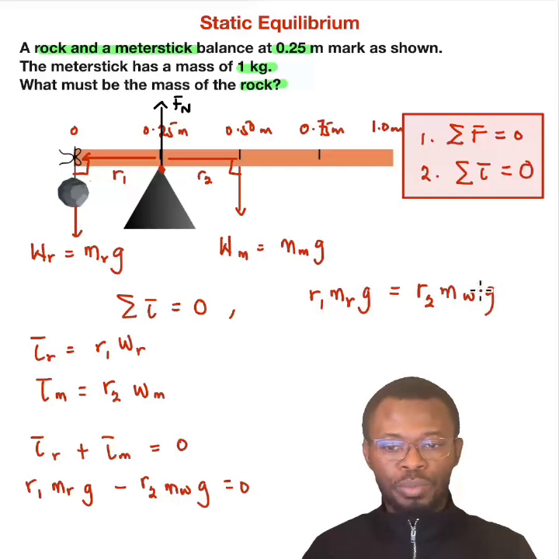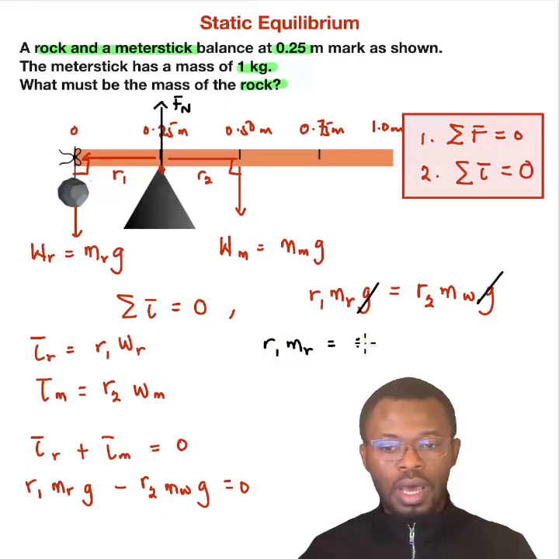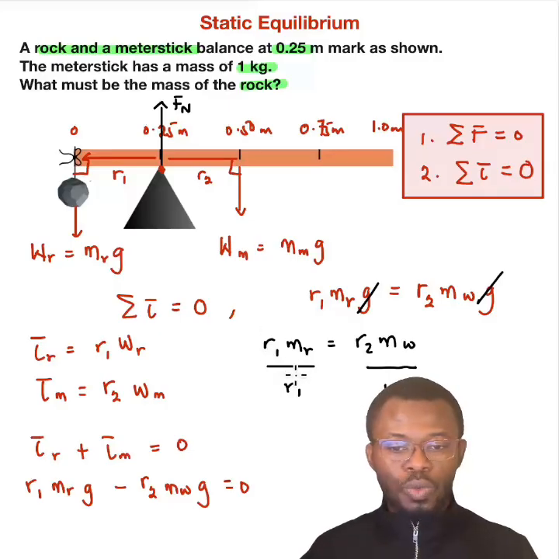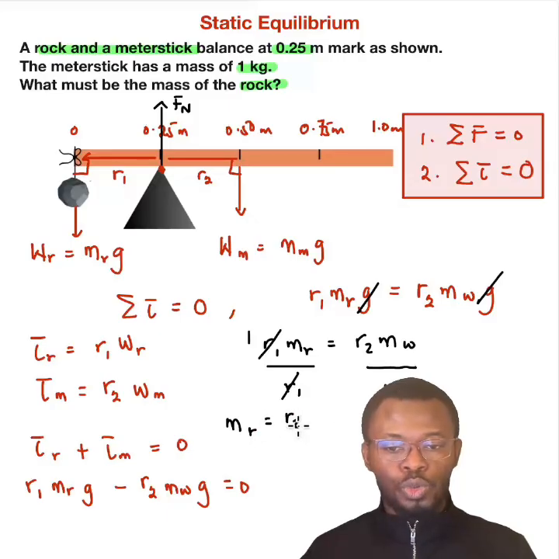We can see g on both sides, so we can cancel both out. So R1 mR is equal to R2 m. We are looking for the mass of the rock, so we divide both sides of this equation by R1. This R1 cancels, and we are left with mR equals R2 times the mass of the meter stick divided by R1.